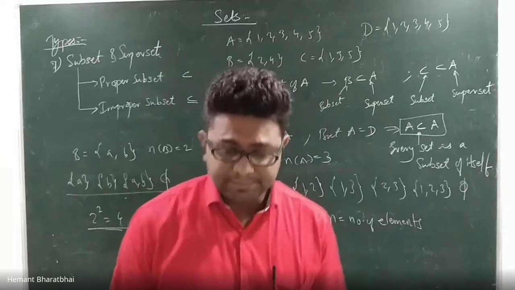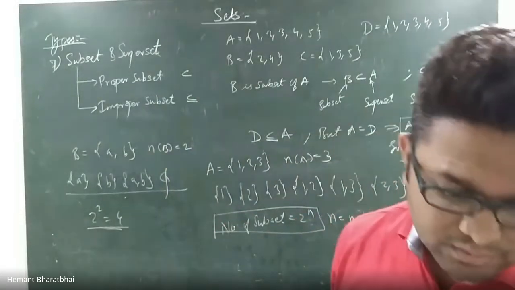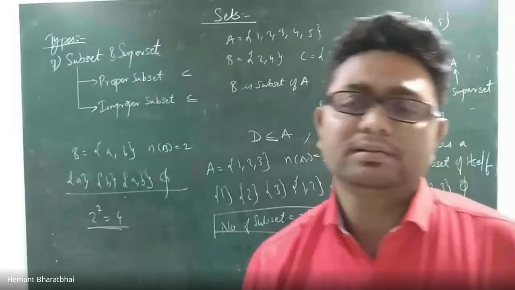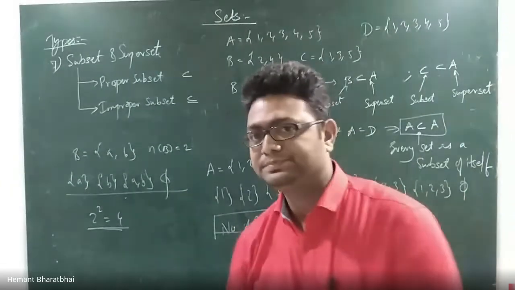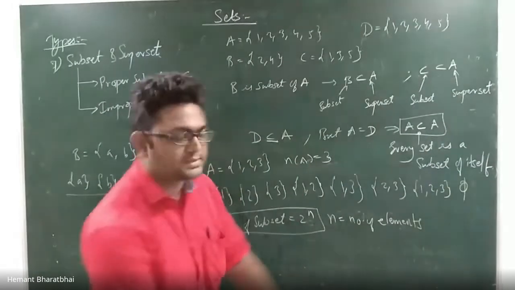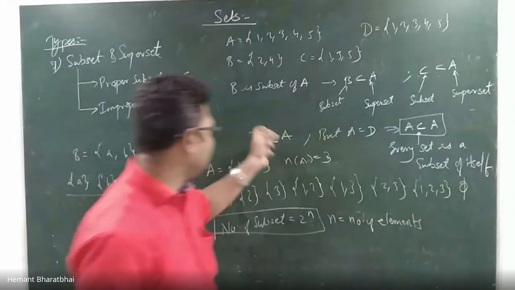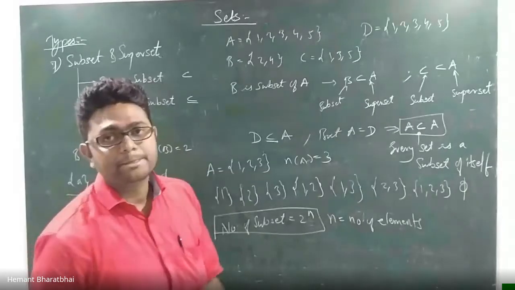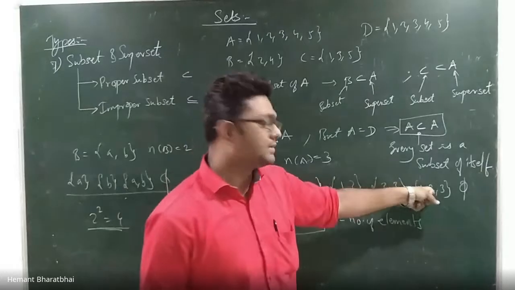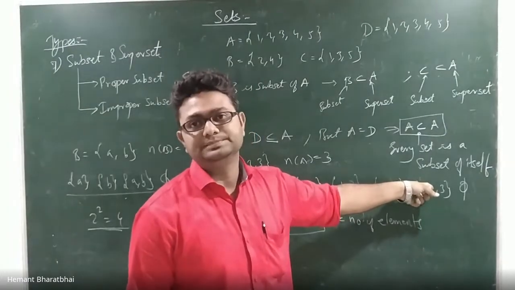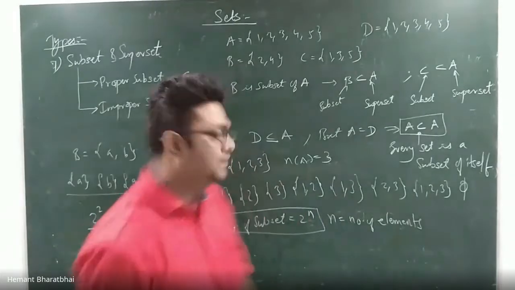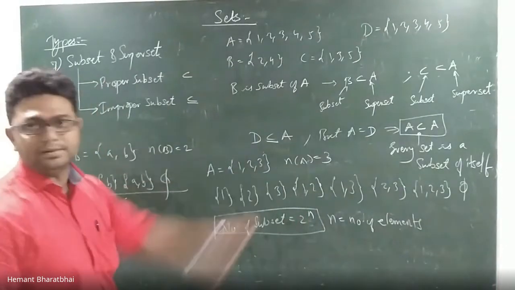Now, these are subsets. But I just told you there are two types of subsets. One is called a proper subset. One is called an improper subset. So the null set is obviously a proper subset because the entire null set will lie over here. If I say proper subset, this is not a proper subset. This is equal. So you have to remove this. Similarly here, so you will get 7.